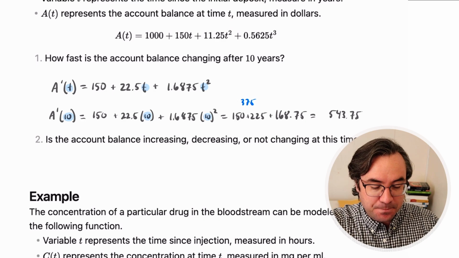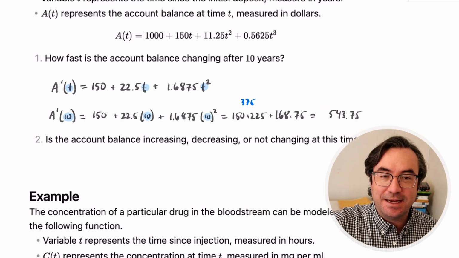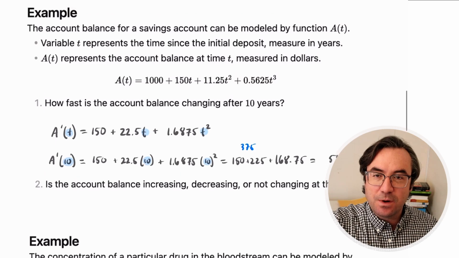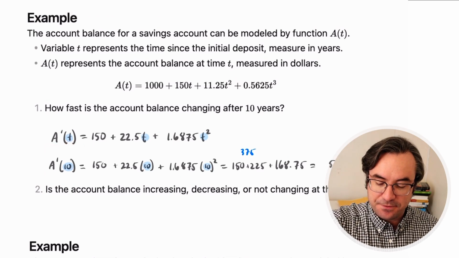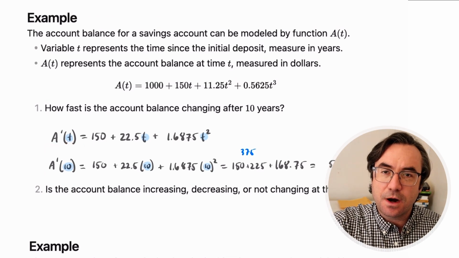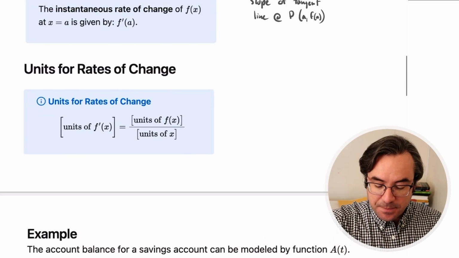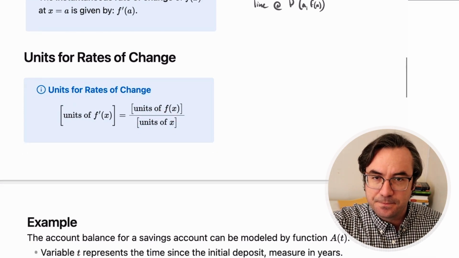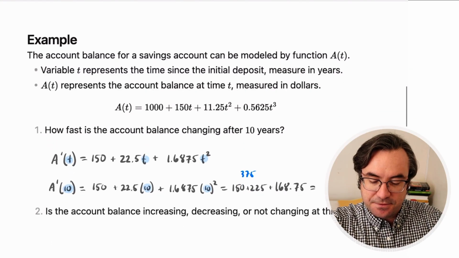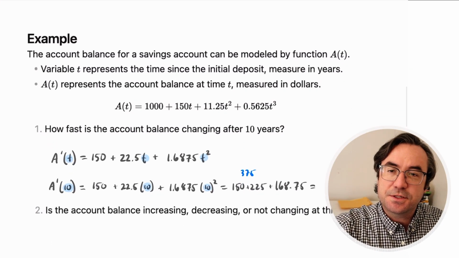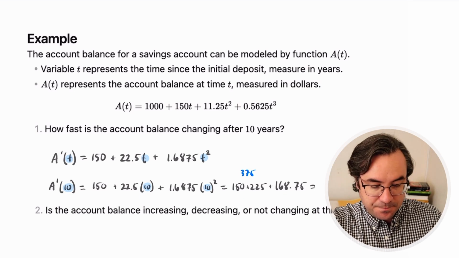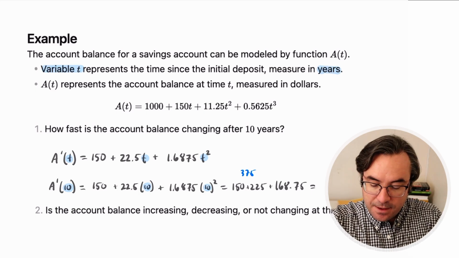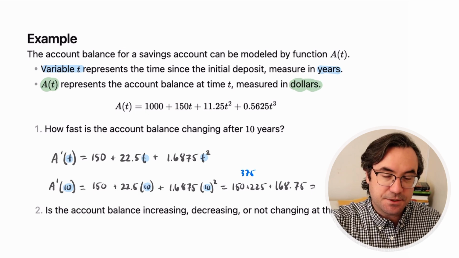So the question is, what are the units on this value here? Again, when we did this, we calculated the derivative. What are the units for our derivative? Well, it's going to be the units of our original function divided by the units of our variable. In our case, the units of variable t are years, and the units of our function are dollars.